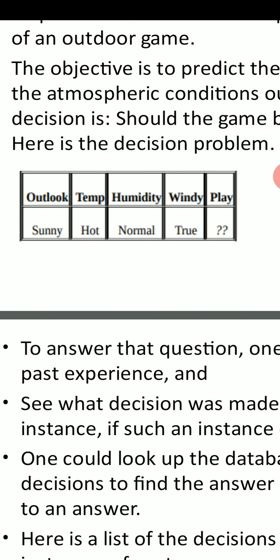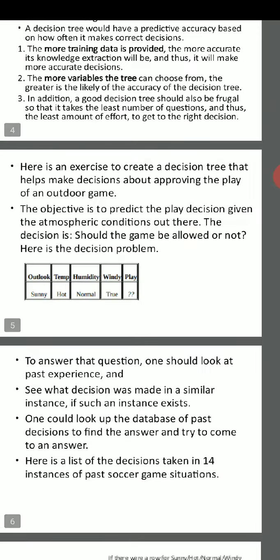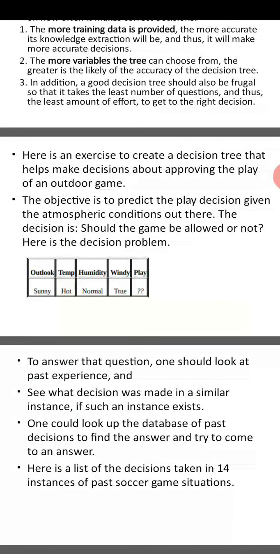So this data you can note down, and we would like to solve a decision problem for this. If the outlook is sunny, temperature hot, humidity normal, windy true, is the decision to play yes or no? So the objective here is to predict the play decision given the atmospheric conditions. The decision is whether the game should be allowed or not.